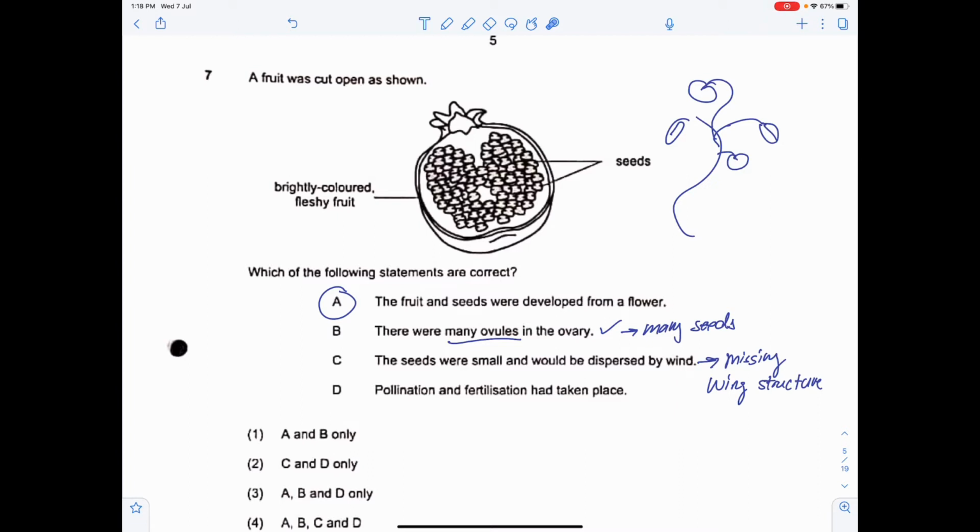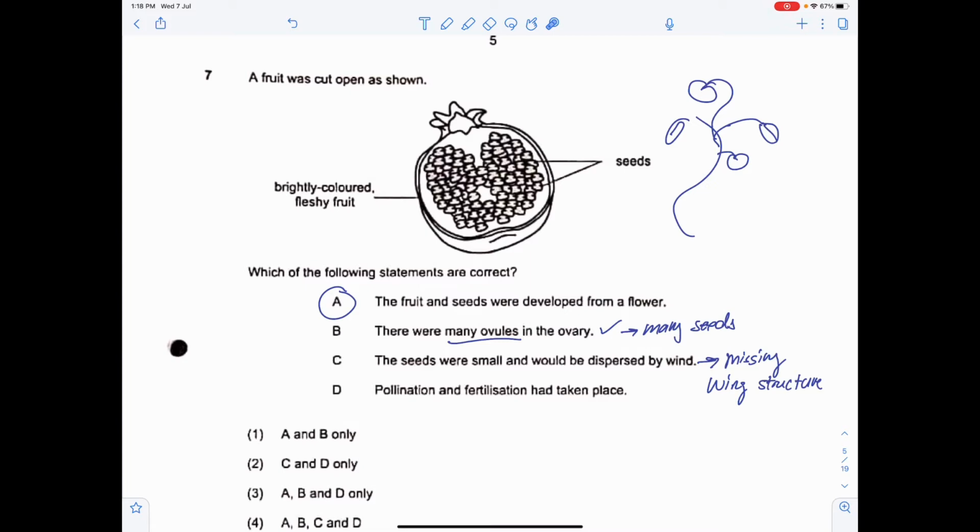Over the years, it has come to attention that the PSLE booklet is testing you on definitions. Last year, 2020, they tested you on the definition of melting point. What is melting point?